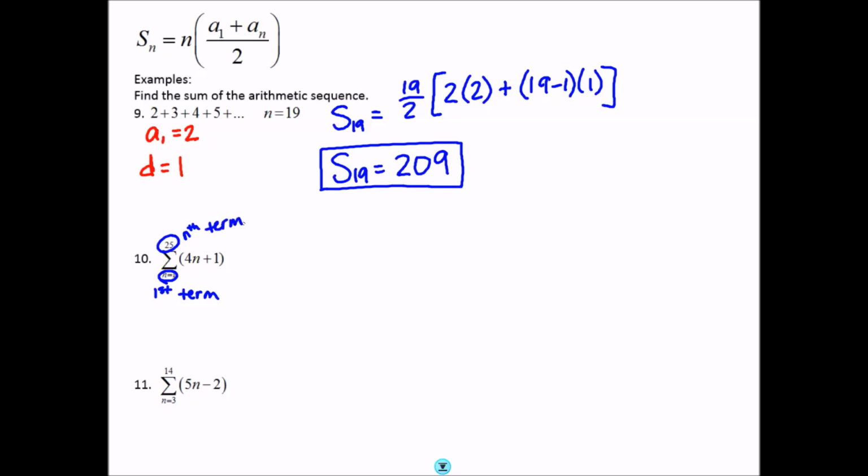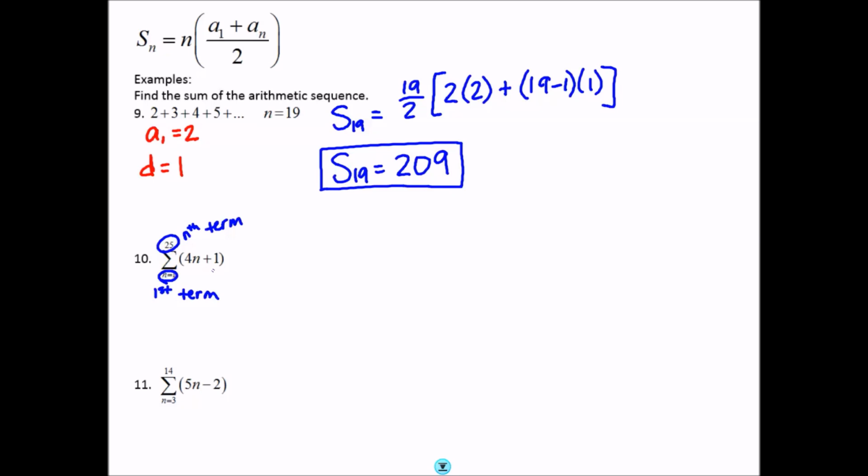So we would want to plug 1 into this formula, figure out what that is, then plug 2 in all the way up to 25, and then add those 25 numbers together. But instead of doing that, we can either use the formula or we can use the calculator.